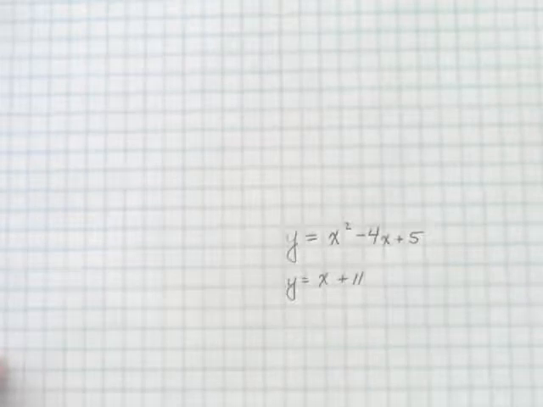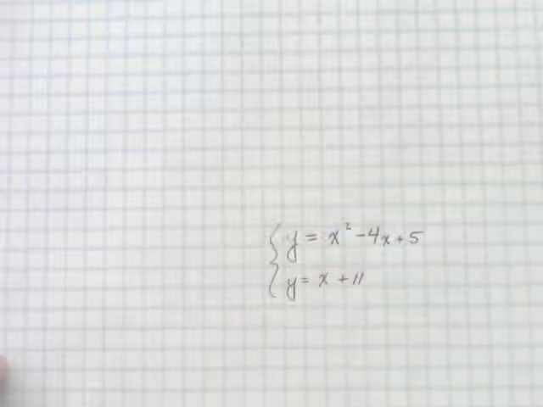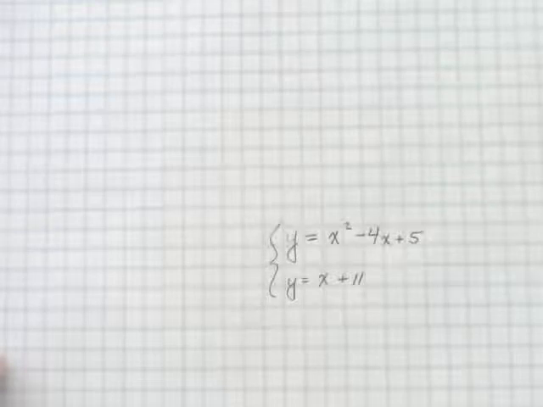We have a quadratic and we have a linear equation, and we want to try to find any points of intersection of that system.